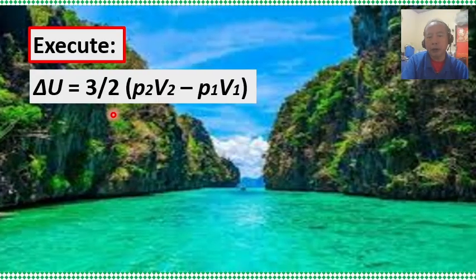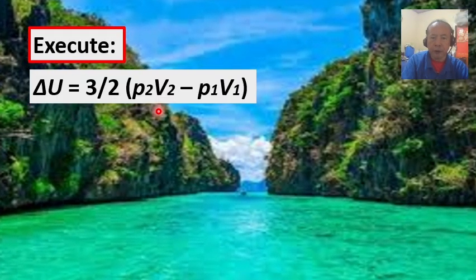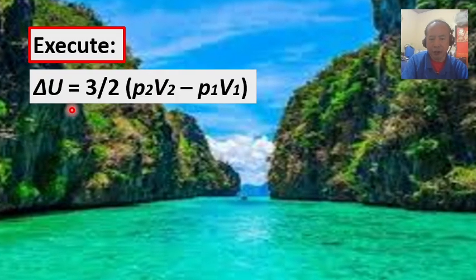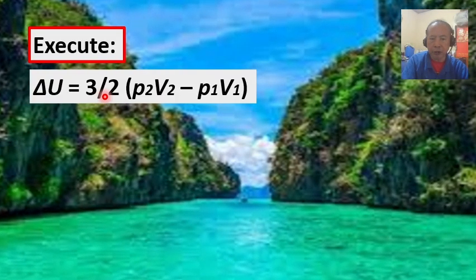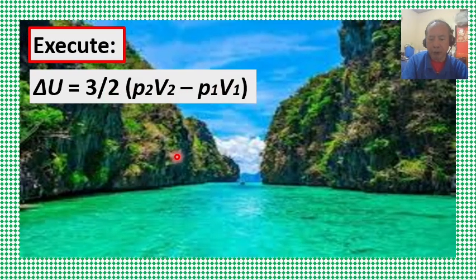Moving on now to our computations, using this formula to determine the change in the internal energy, delta U, which is equal to 3 halves multiplied by P2 V2 minus P1 V1.